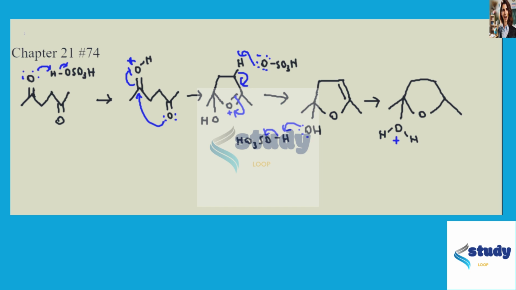And one thing that we should definitely know by now is that that is going to make this into a good leaving group. So alcohol is not a good leaving group but water is a great leaving group. Okay, so that bond will break, that water will leave, and of course that's going to result in a carbocation being formed at the carbon to which that alcohol or water was attached.